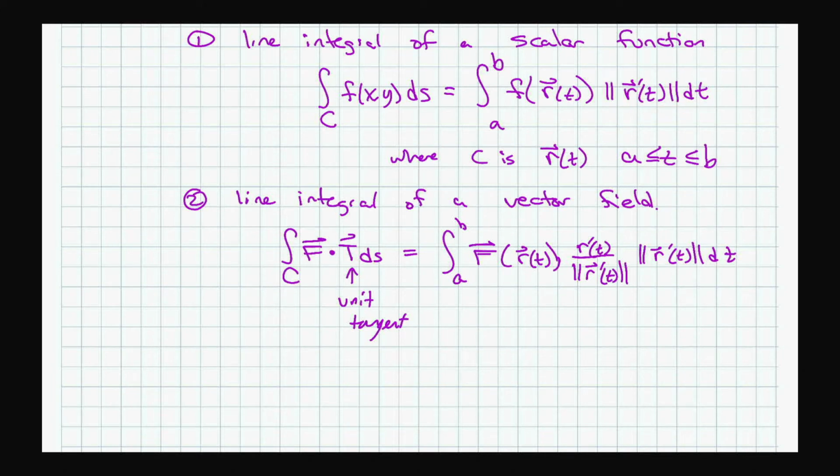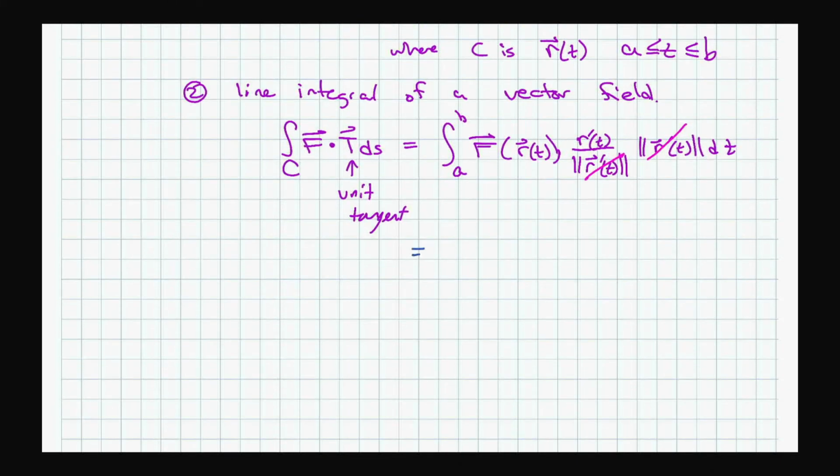Then, of course, the r primes canceled, and what you ended up using was this form: the integral from a to b of capital F of r of t, dot product with r prime of t, dt. You didn't need the magnitude of r prime at all, because it just canceled out.